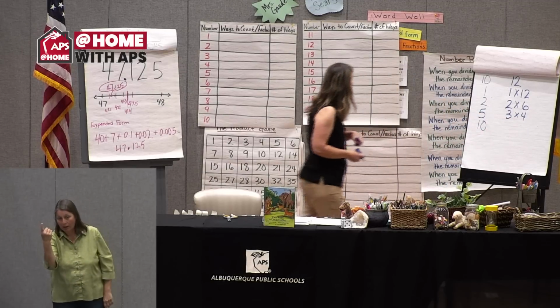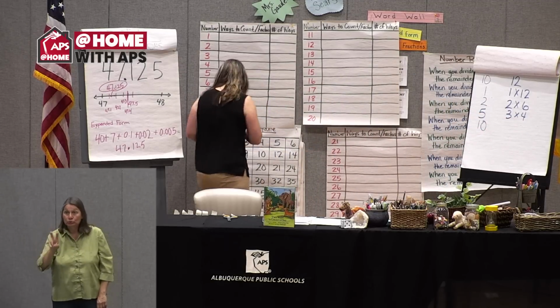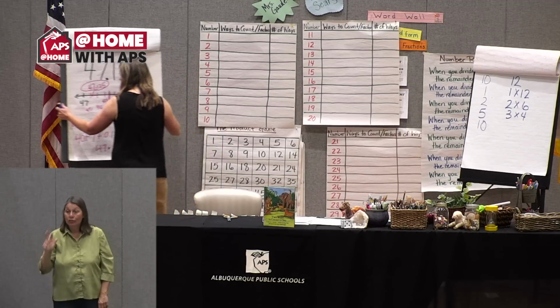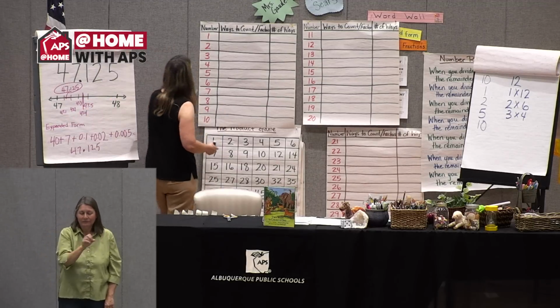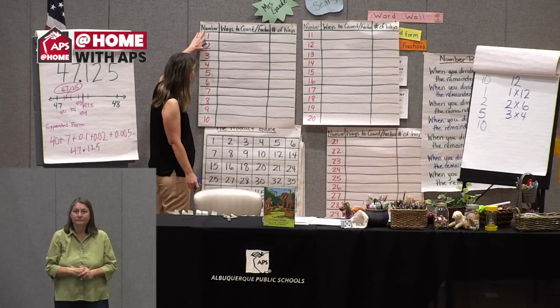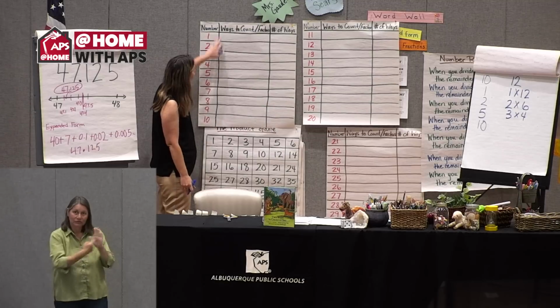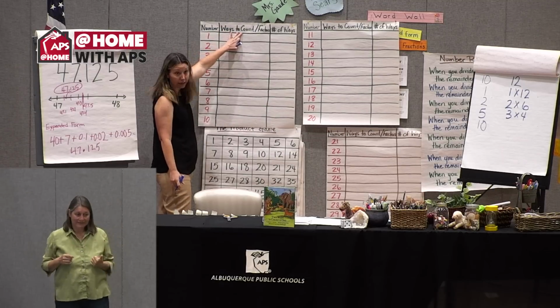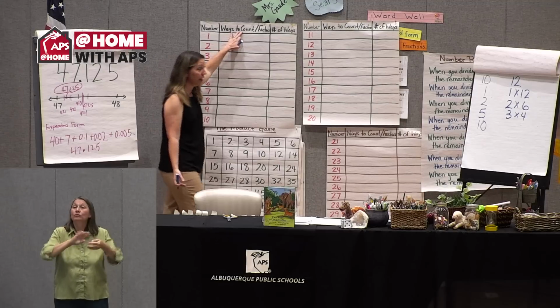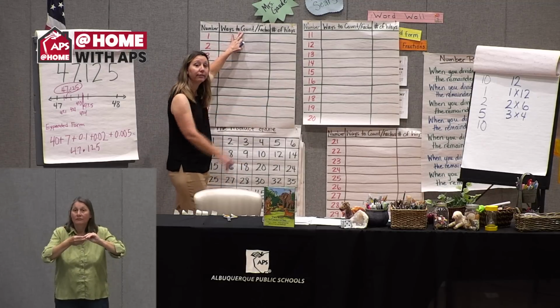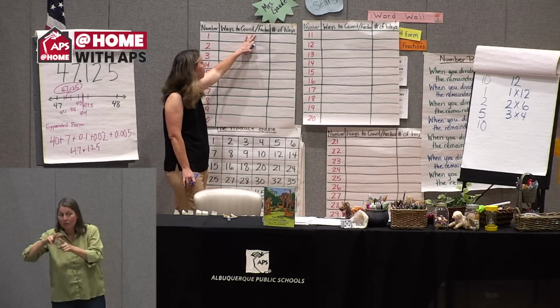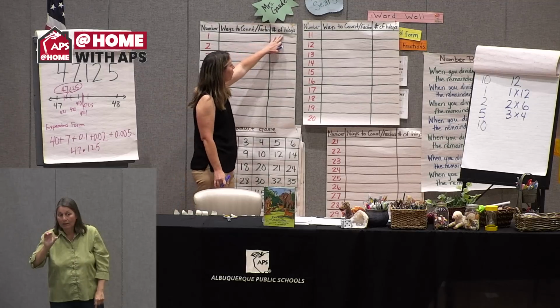If I was to go in here, you notice my chart. I'm going to move this over just a tad. My chart says here that I have the number 1 through 10. I have the ways I can count to that number, which are also, a reminder on our vocabulary, our factors of a number. And then the number of ways.